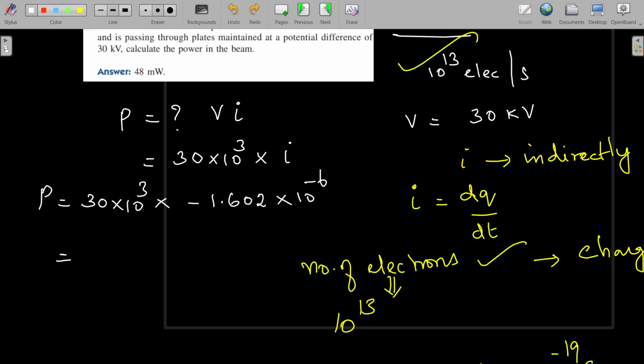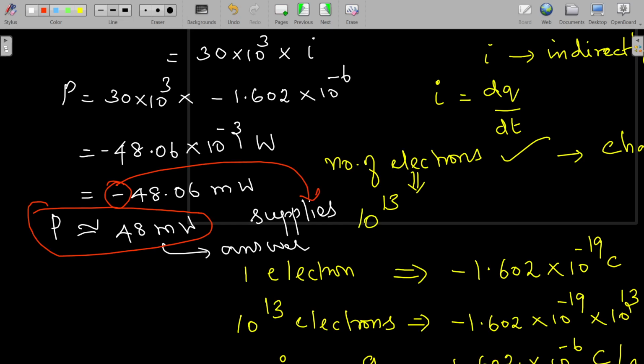So if you want, you can actually omit this. Otherwise, if you want, you can keep it. Okay, so that is equal to 48.06 into 10 power minus 3. So this indicates minus 48.06 milliwatts. So here this minus sign indicates it is supplying power, right? Okay, thank you. Hope you have understood.